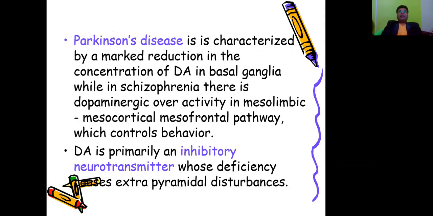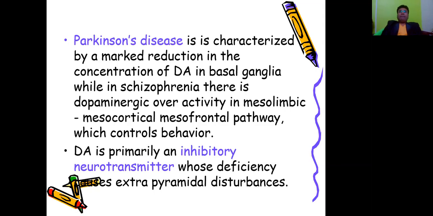Now, the role of dopamine in Parkinson's disease. Parkinson's disease is characterized by a marked reduction in the concentration of dopamine in the basal ganglia, while in schizophrenia, there is dopaminergic overactivity in the mesolimbic, mesocortical, mesofrontal pathway, which controls behavior.